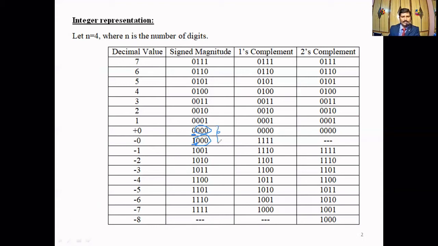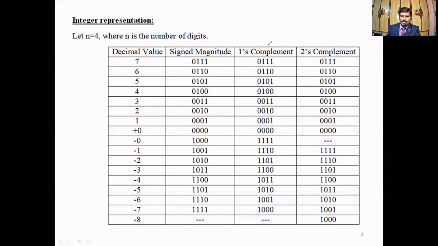So this is the disadvantage of sign magnitude: for 0 there are two representations. If you give the computer 1 0 0 0, it understands that it is 0, and if you give 0 0 0 0, it understands that it is 0. So that is the disadvantage of sign magnitude, the first thing.